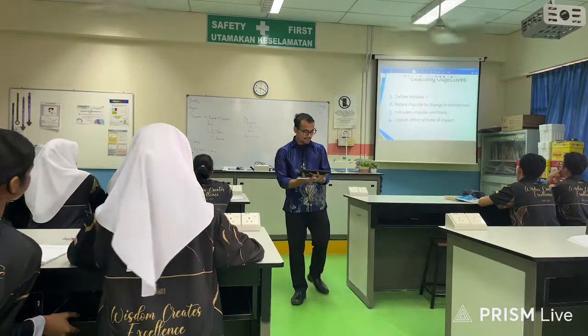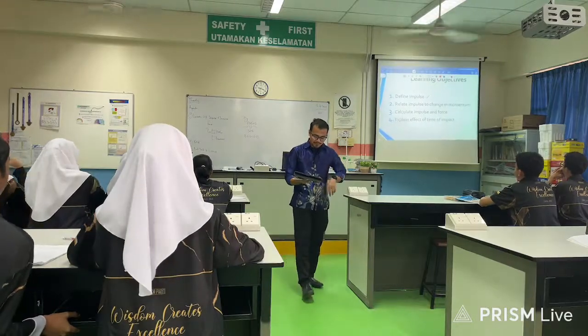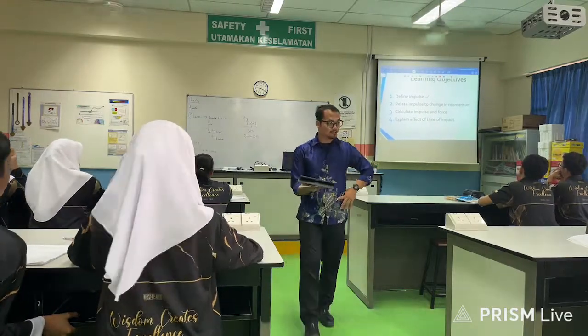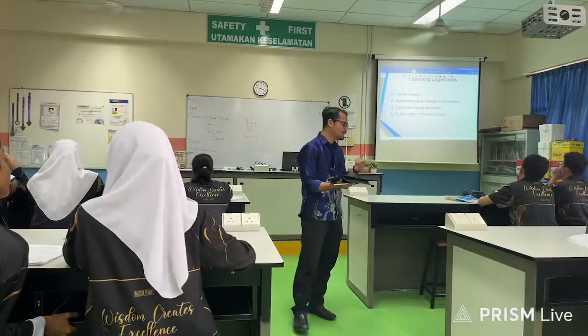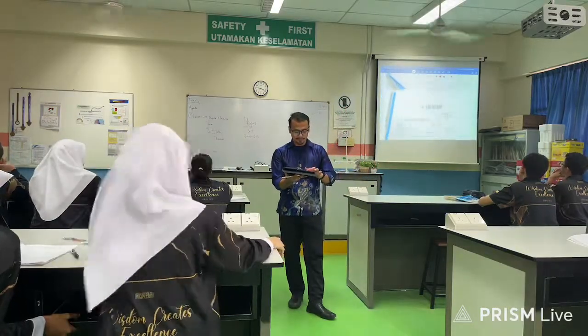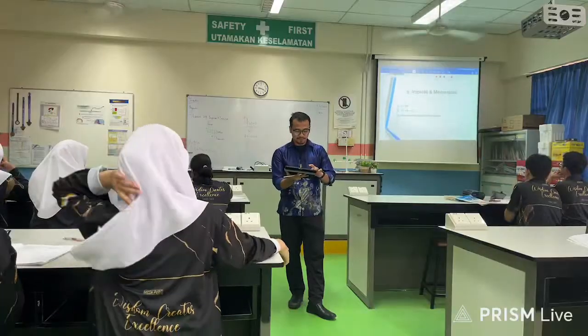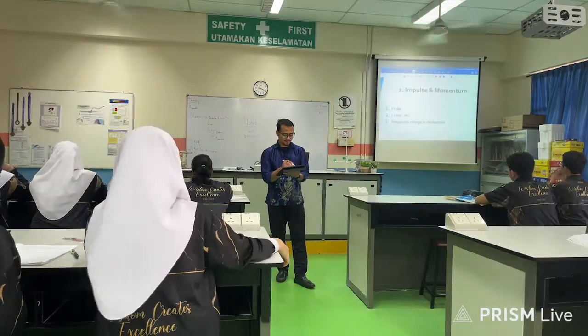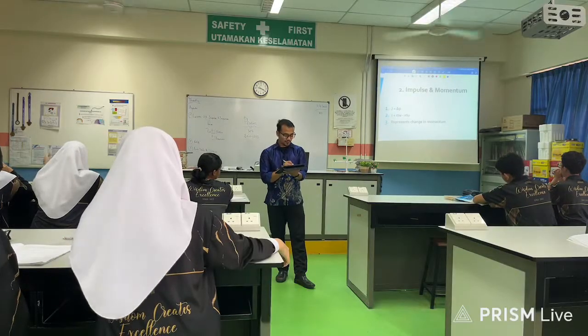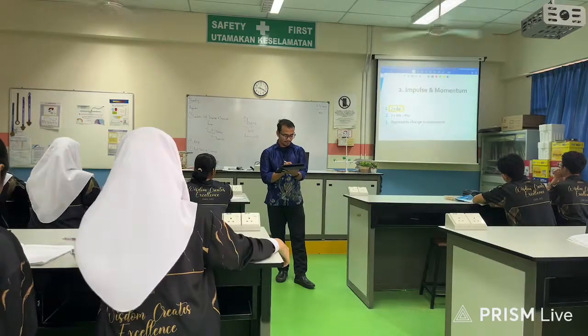Check. And then second point, we want to relate the impulse to change in momentum. Okay. So another definition for impulse is the change in momentum. So another formula for impulse is J equals to change of P. So I want you guys to remember this. Okay.